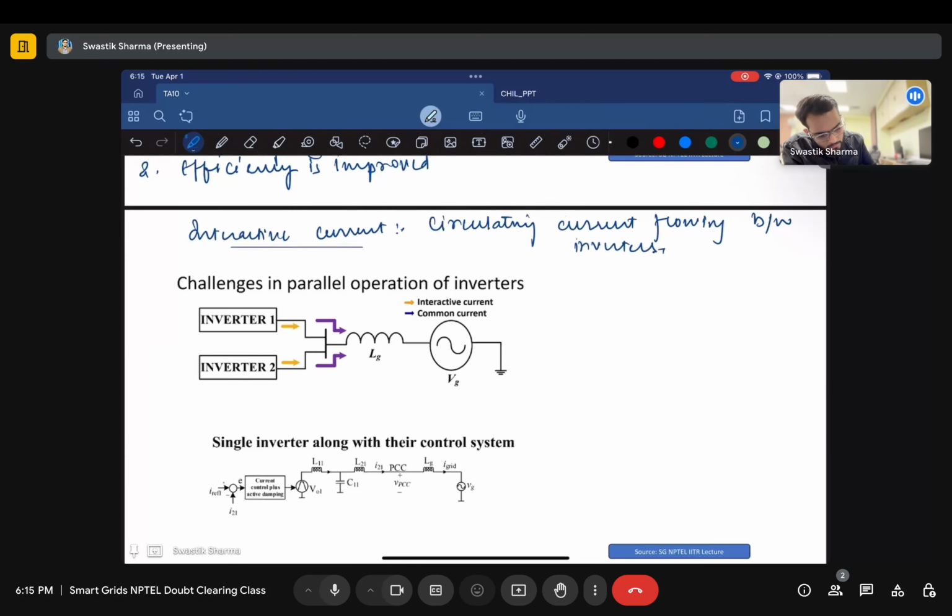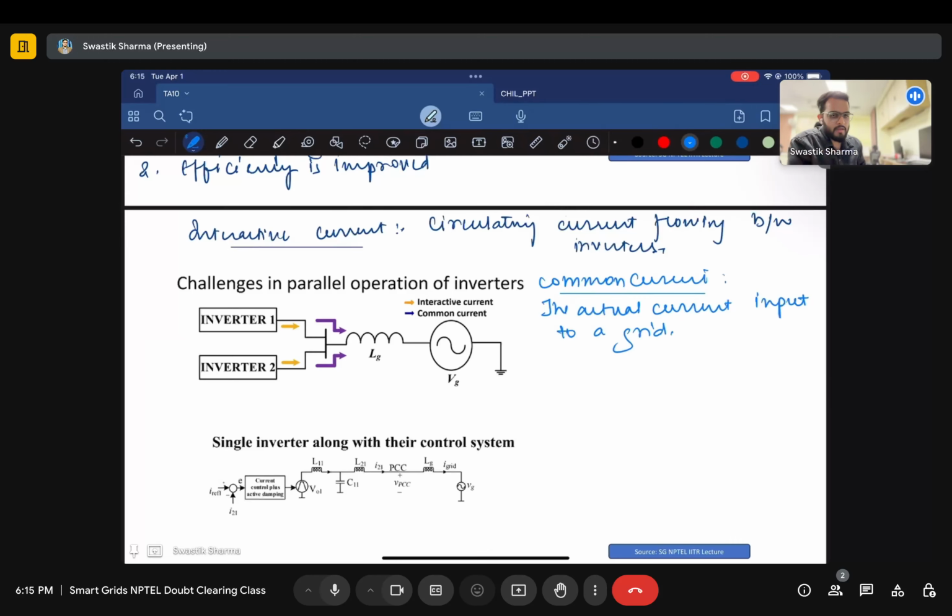Then there is a common current, the actual current input to the grid, right? So the common currents are the ones that are getting transported to the grid. These circulating currents flow between the inverters.